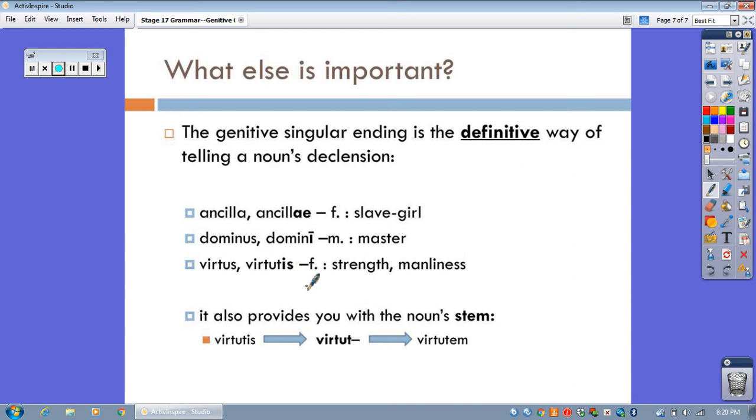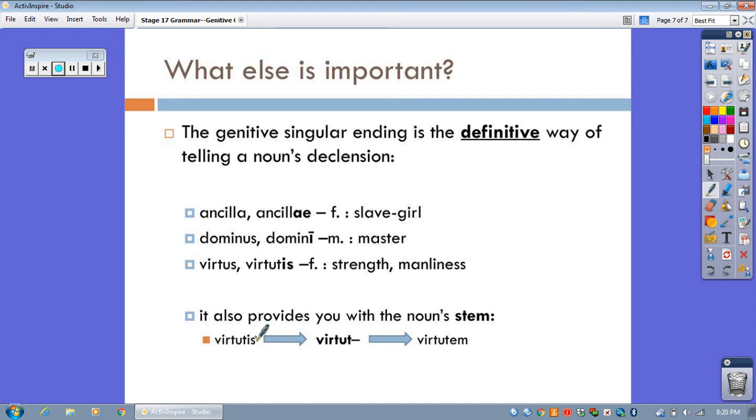Last thing about the genitive case, it provides you with the noun's stem. In other words, the stem that you then add the other endings to depending on how the noun's being used in the sentence. So, for example, taking virtus, virtutis. If I wanted to make virtus accusative singular, how would I do it? Well, I would take the genitive singular, which is virtutis.